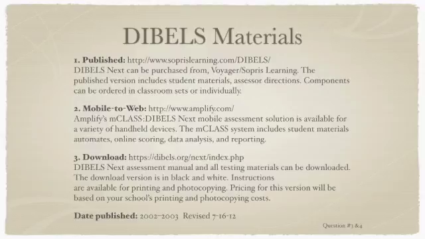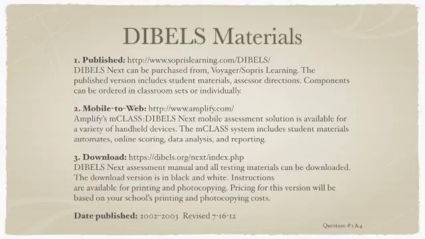The MyClass system includes all the student materials, the online scoring, data, and reporting, which is absolutely amazing. It cuts down on a lot of time. You can also download for free the DIBELS Next Assessment Manual and all the testing materials from the web address.